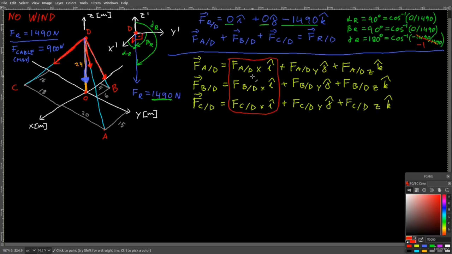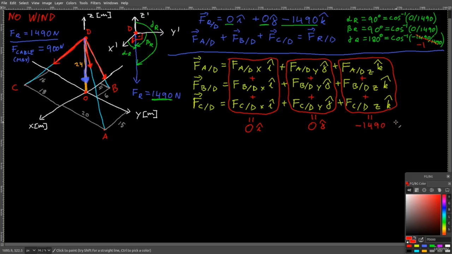And so if I add up my i components, then I need to get 0i. If I add up my j components, I need to get 0j. If I add up these components, I need to get minus 1490k. Why?